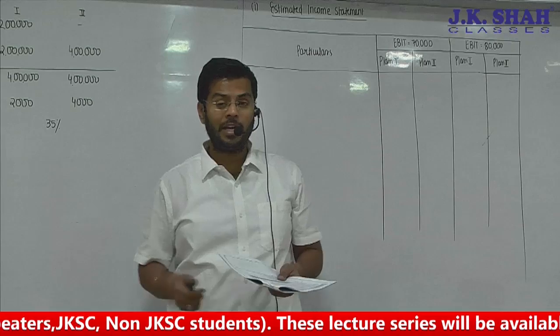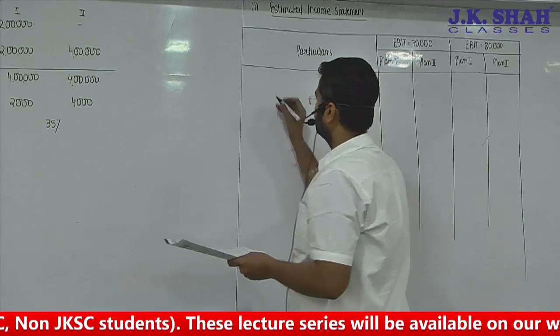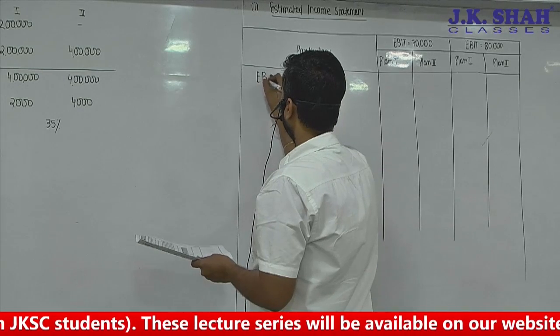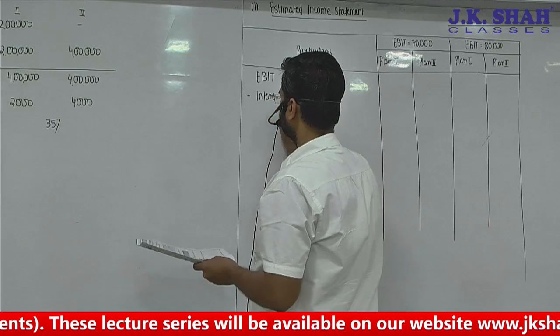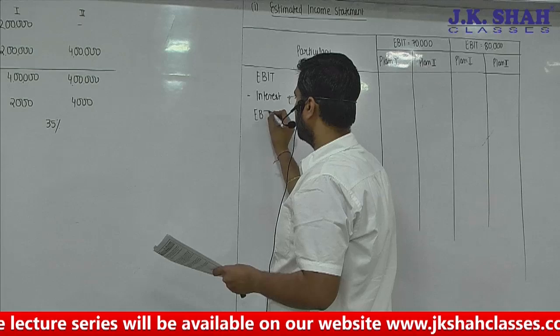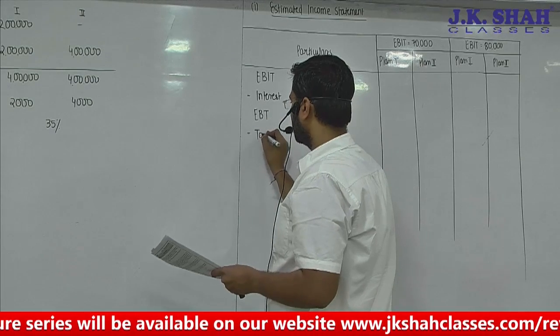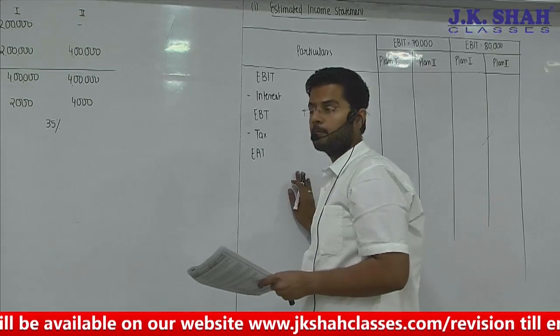So my income statement in this chapter would begin with EBIT. From the EBIT, we will deduct interest. When we deduct the interest, the resultant becomes the EBT, less the tax gives me EAT, profits after tax.